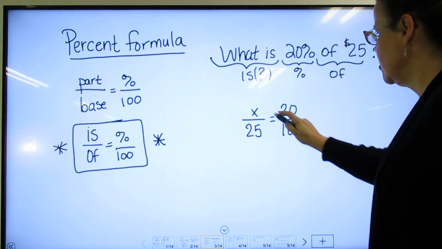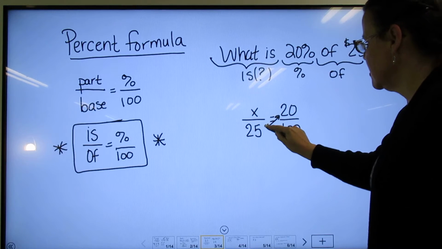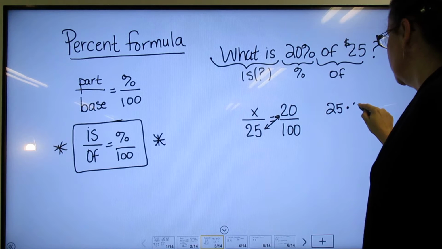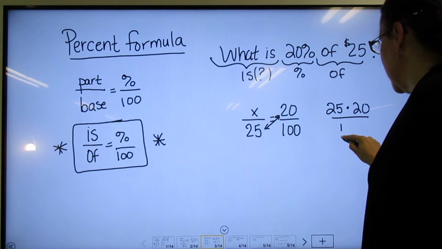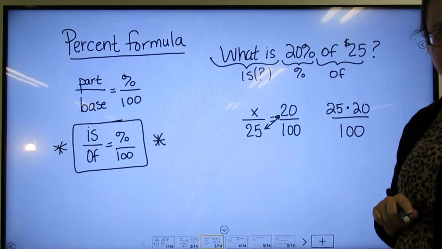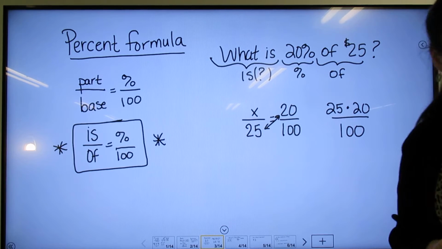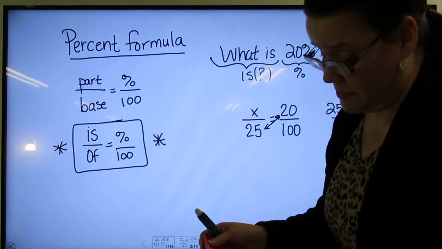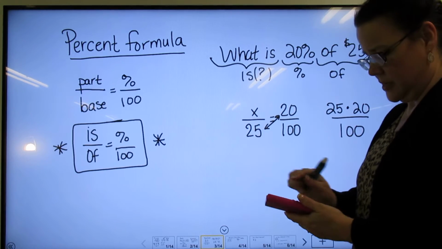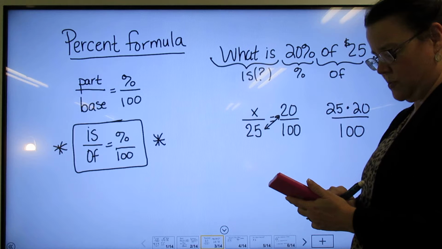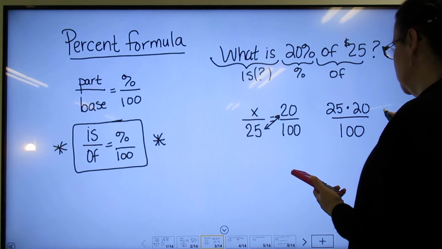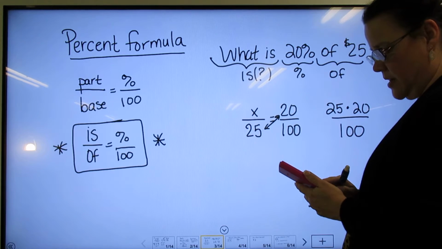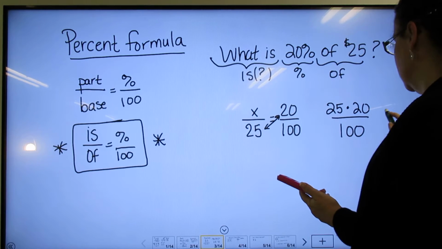All right, so we're going to cross multiply 25 times 20, and we're going to divide by 100. And then you would get your handy dandy calculator out. 25 times 20 is going to be 500.